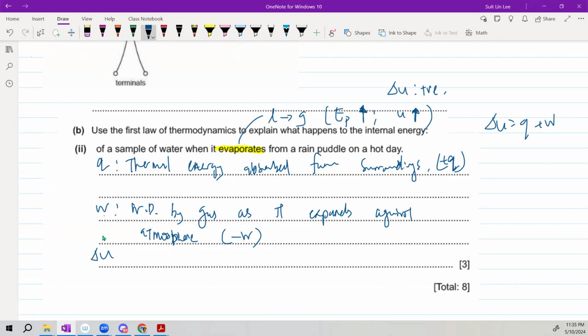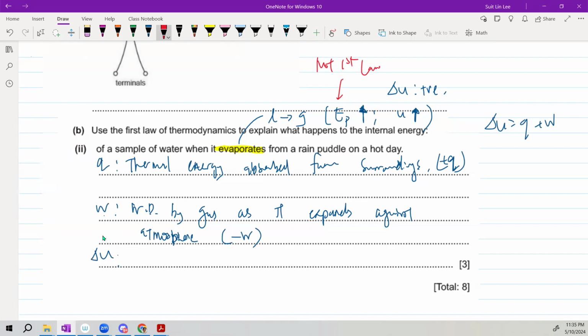Right now, I need to be able to justify why delta U is positive. I cannot justify using potential energy because that is not the first law. Because it's not first law, if I mention it, it won't get marked. I won't be penalized as long as my scientific facts are correct, but I also won't be awarded credit.